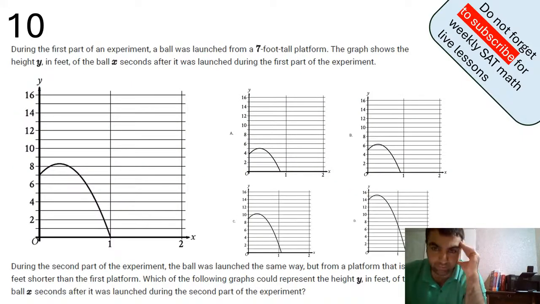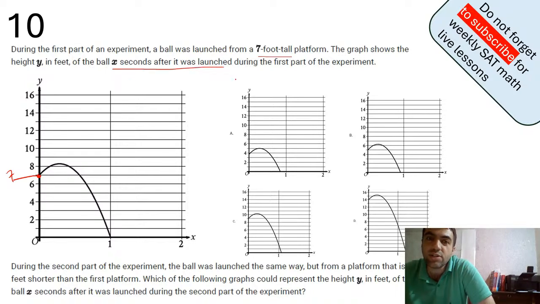10. Let me read for you. During the first part of an experiment, a ball was launched from a 7-foot tall platform. You see that this is 7. The graph shows the height y in feet of the ball x seconds after it was launched during the first part of the experiment.